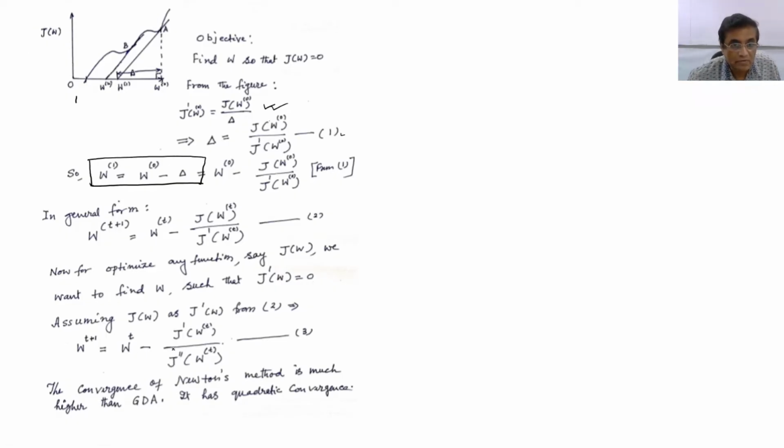And you can write this down: Wt plus 1 equals Wt minus J prime(Wt) divided by J double prime(Wt), that means the double derivative, okay. Exactly from here, if I just draw for you, I think it's clear enough. So here is my J prime(w), and here is w, okay.